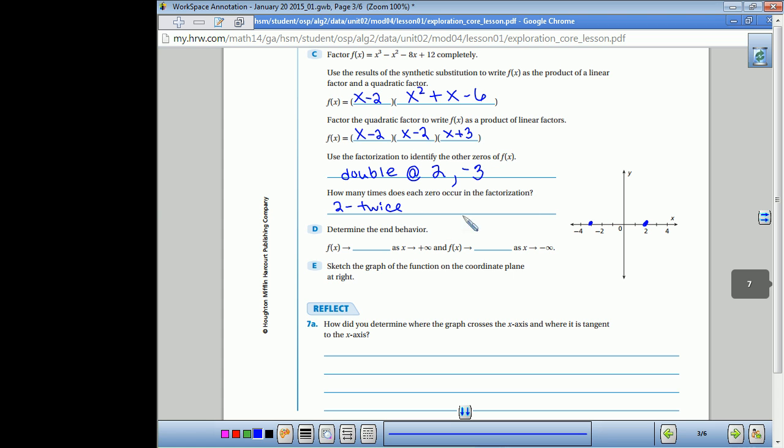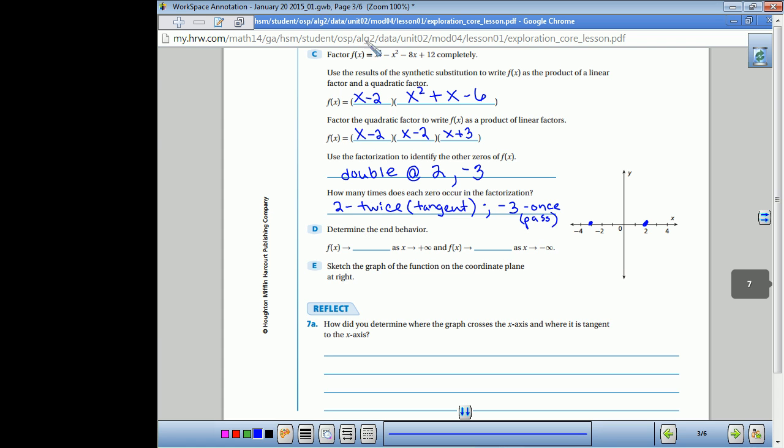And negative 3 does not have multiplicity, so it's just going to pass through. So there's no multiplicity at that root. It's just going to pass through with a straight line.